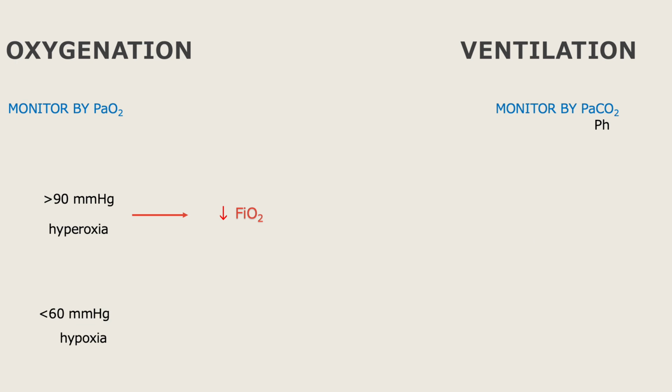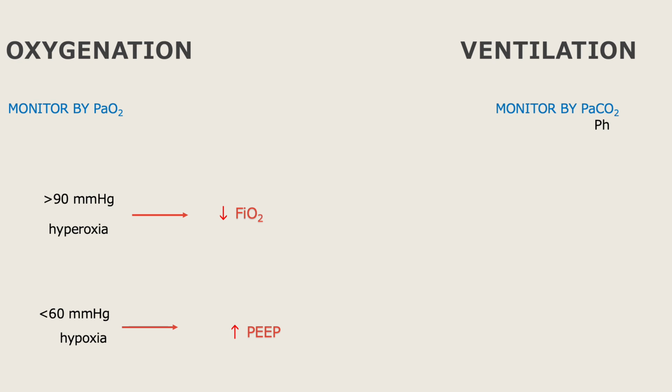And let's say the patient is hypoxic still, despite good FiO2 and PEEP at 5, with a PaO2 under 60, that means you need to improve oxygenation. Now, there is no way I can give them oxygen more than 100%. So the only thing I can do is actually to increase the PEEP. That is to keep the alveoli open for a little longer in case they're collapsing.